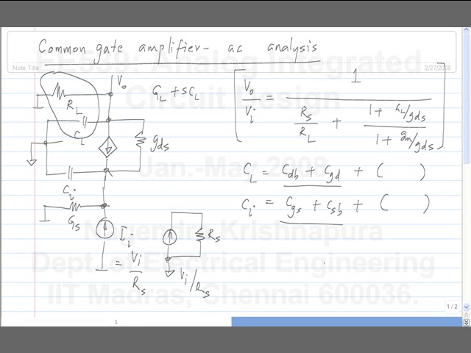Okay. Instead of GS I have the parallel combination GS plus sCI. Okay. So in the expression, wherever I see GS, I put GS plus sCI, and wherever I see GL, I put GL plus sCL. Okay. So I don't have to redo the whole analysis, I can get it from this expression.